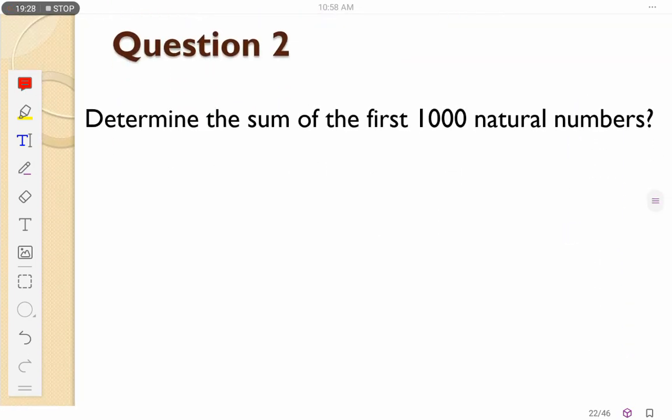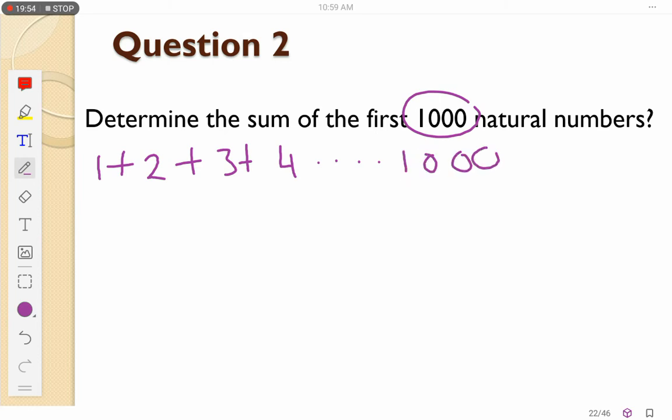Here I've got this example where we want to determine the sum of the first 1,000 natural numbers of a series. For this one, it is easy for you to write the terms first. So for the series, I can come up with 1 plus 2 plus 3 plus 4 and so on, up to 1,000.